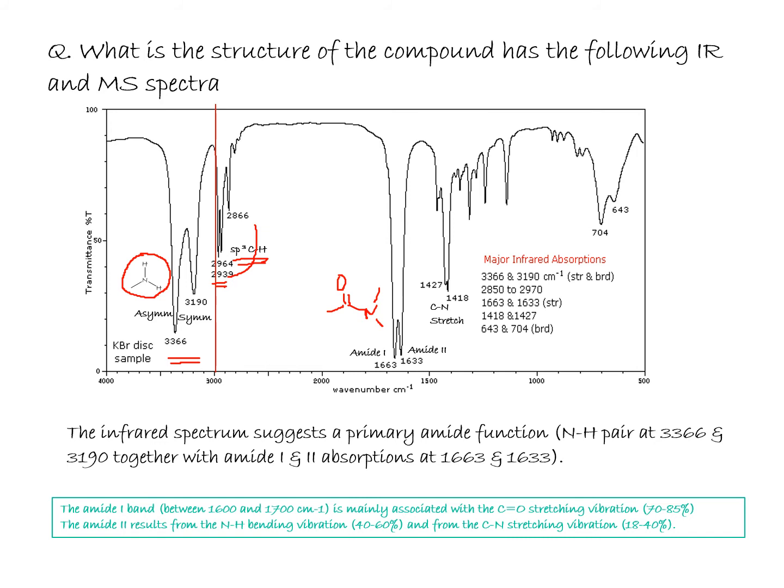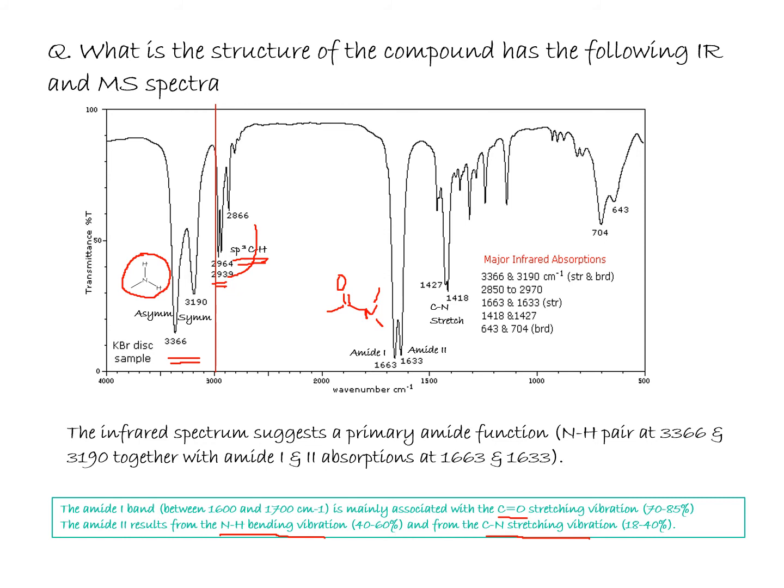We call them amide 1, which is higher in frequency and is mainly associated with C=O, while the amide 2 band is from NH bending vibration and CN stretching vibration. The overlap of these two, like from 40-60%, 18 to 40% contribution in this peak.